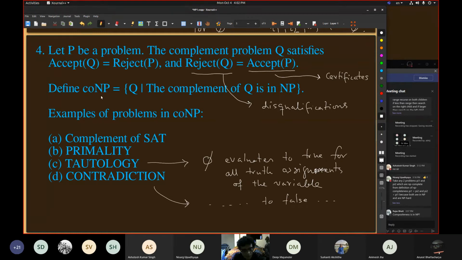So these are co-NP problems. So don't try to supply succinct certificates.